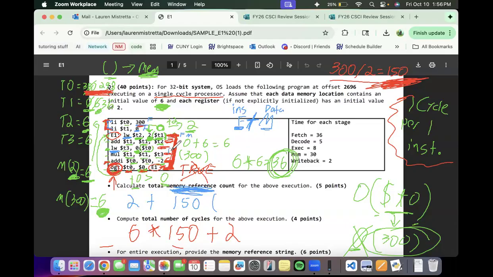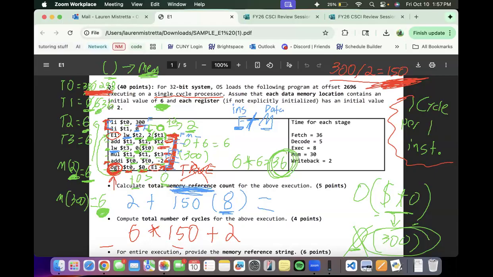Load word, a fetch and a memory. Everything else, this add, this add I, this multiply, and this branch, is only going to be a fetch, because these instructions don't go into memory. So I'm going to have 1, 2, 3, 4, 5, 6, 7, 8. Every time I do this red section, this loop, I'm going to have 8 memory reference counts.